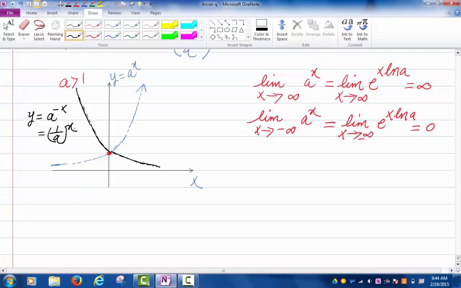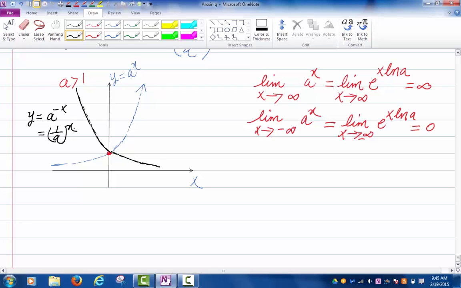So you might ask, what's the graph of a to the x when a is between 0 and 1? When a is between 0 and 1, the graph of a to the x will look like the black curve, right? Because what is 1 over a?